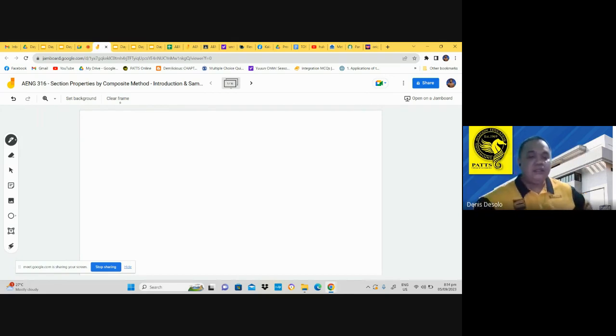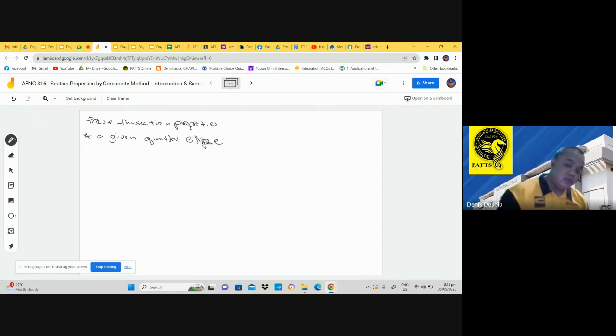This time, let's say we'll be proving the section properties of a given quarter ellipse, without any restriction. We just need to prove the section properties.